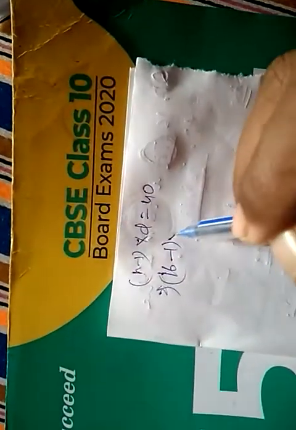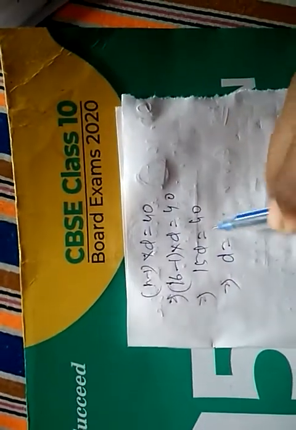So now write here 16 minus 1 into d, that will be 40. So 15d equals 40, then d equals 40 by 15, hence 8 by 3. So the number of terms is 16 and the common difference is 8 by 3. Over now.